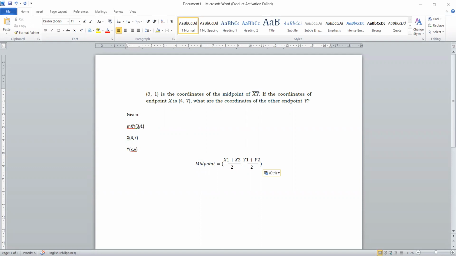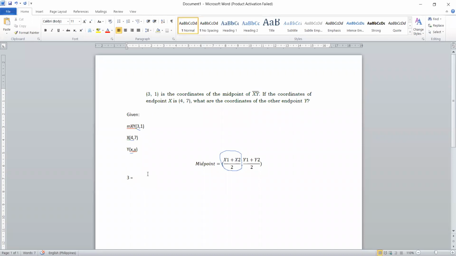let's form your equation. You have here the midpoint, you have here the other endpoint, and the unknown endpoint. So that should be the midpoint 3 is equal to this one, the x coordinate.